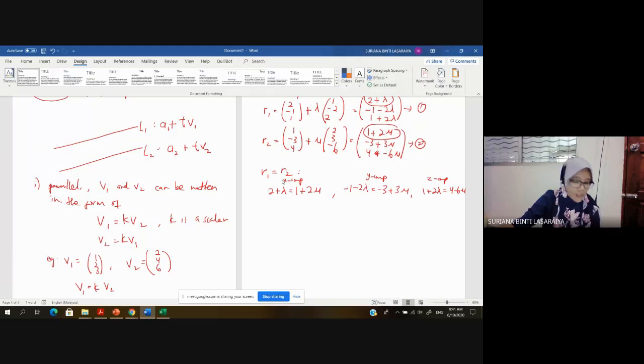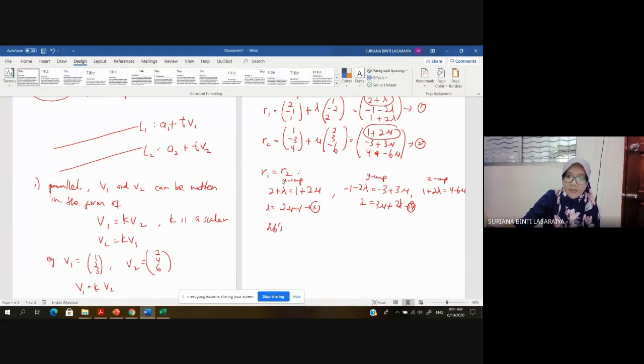So, daripada sini, I get lambda equals to 2 mu minus 1. So, katalah equation number 3. And daripada sini, I get 2 equals to 3 mu plus 2 lambda, equation number 4. Okay, now I solve ni because my aim is to find mu and lambda.